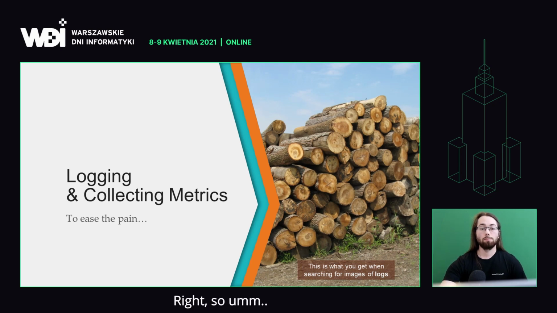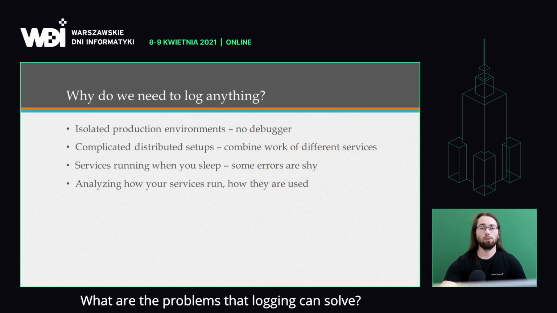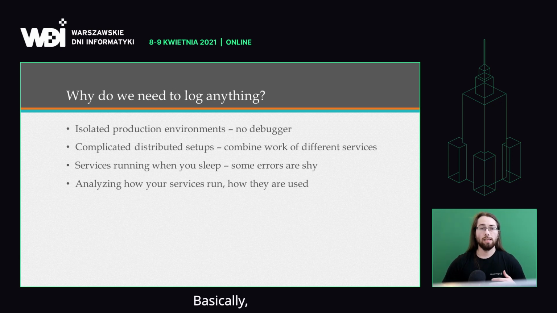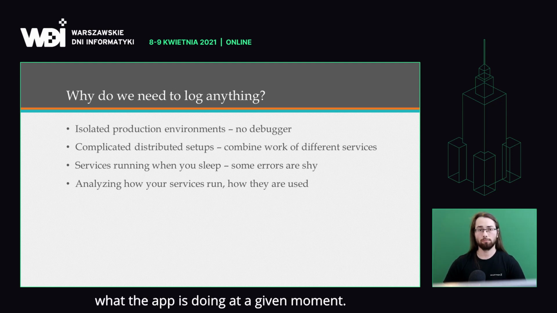Right, so what are the problems that logging can solve? Basically, you want to be able to say what the app is doing at a given moment. Locally, you can do that with a debugger by attaching and then breaking and inspecting the state of the application.